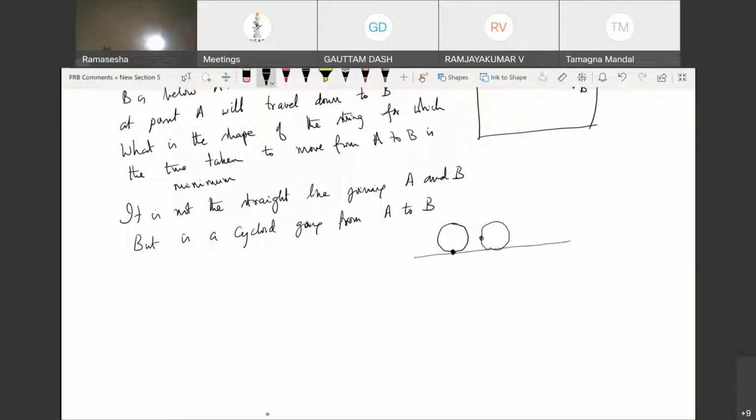It goes there, and then it goes up, and then it comes down on the other side, and again comes down. So this curve that goes like this is the cycloid, and the solution for this is the cycloid.